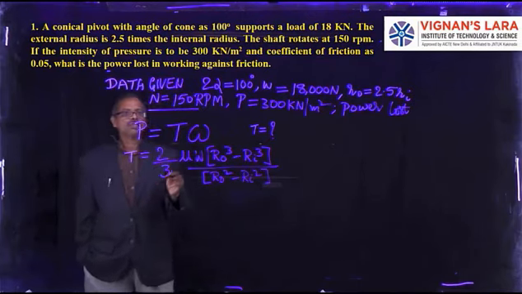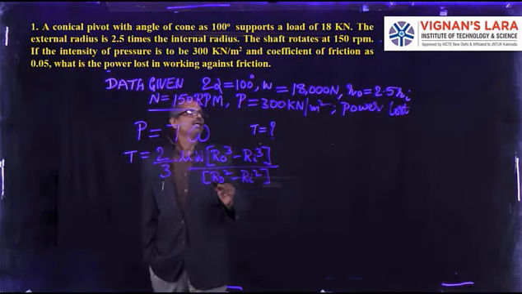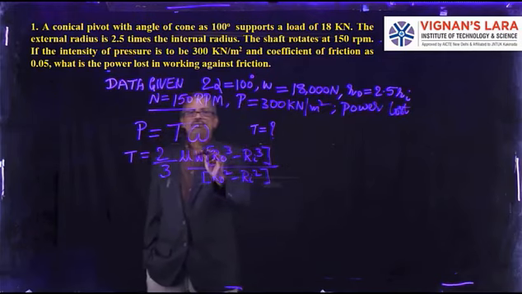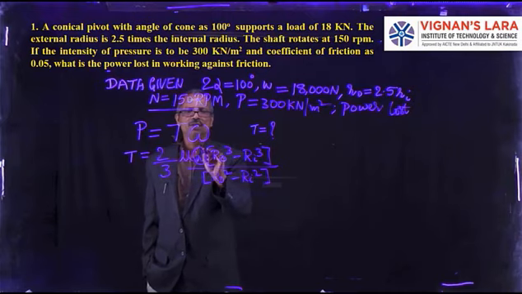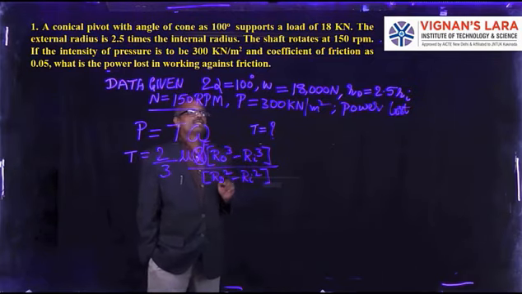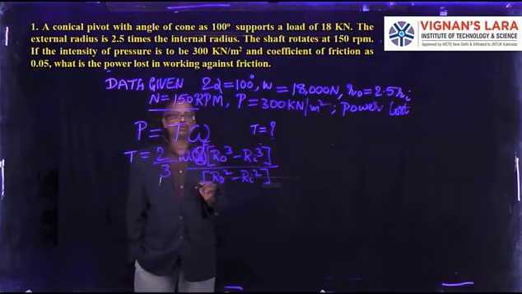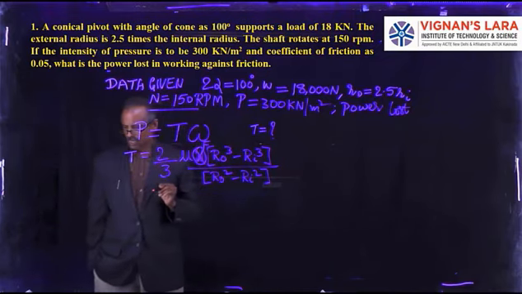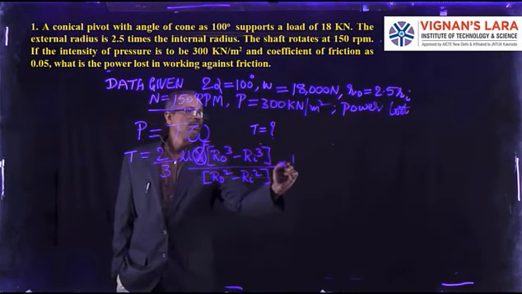In our derivation we have written F, that is force, in place of W. I will write the same terminology, so this is mu F (R0 cube minus Ri cube) by (R0 square minus Ri square). And this is the conical pivot, so there is a factor 1 by sin alpha.